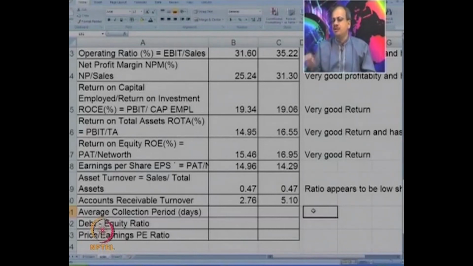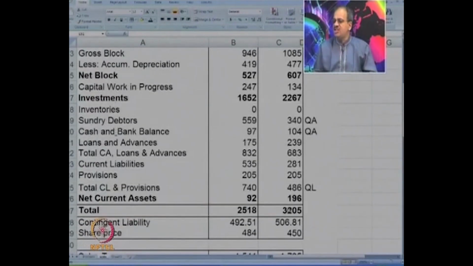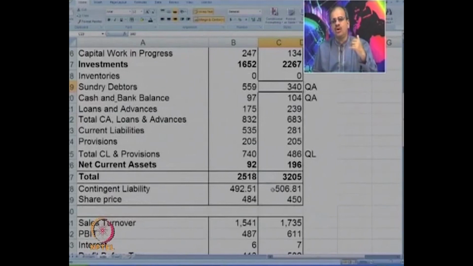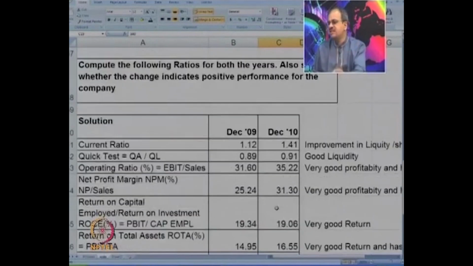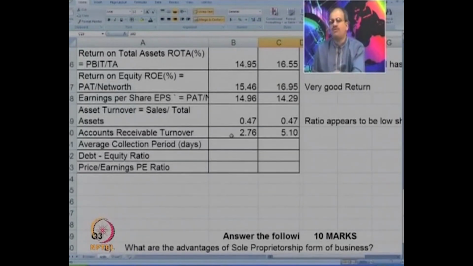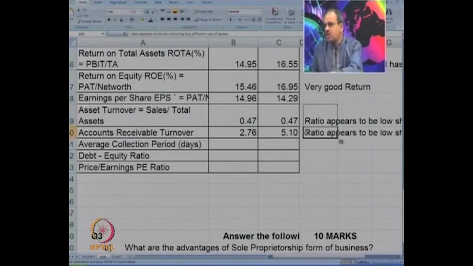Why has it happened? Have a look at the balance sheet, you will realize that the company was able to reduce its debtors, though it could increase its sales. That is why the accounts receivable ratio has nearly doubled, but still it is not so high.